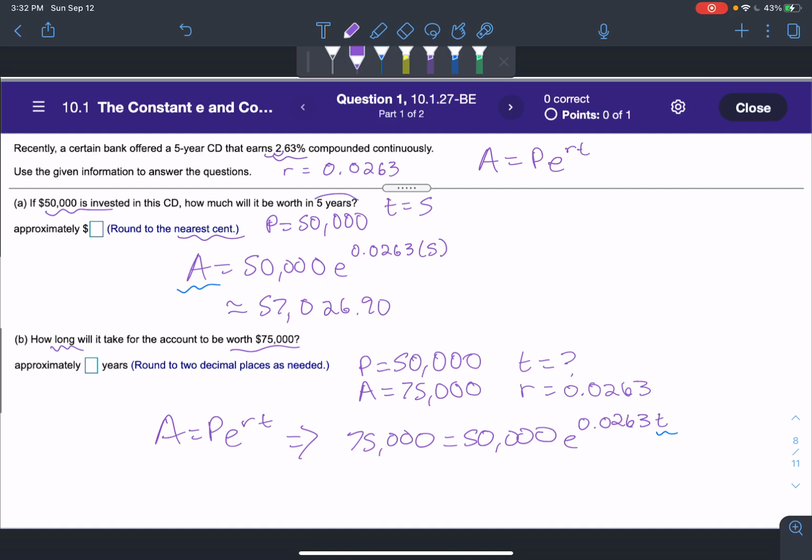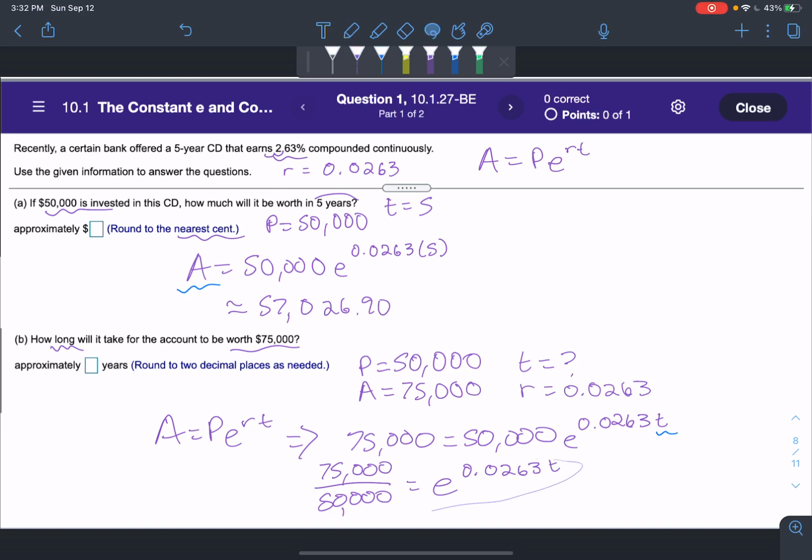Okay, so let's solve for T. I'm going to first divide out that 50,000, so let's move that to the other side. Let me put 75,000 over 50,000 is equal to E to the 0.0263 T. All right, but I still want T alone, so how can I further simplify that?